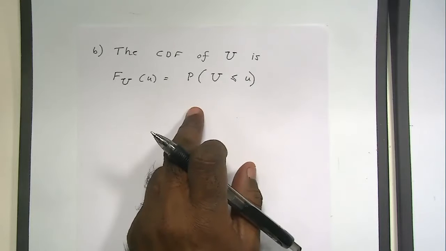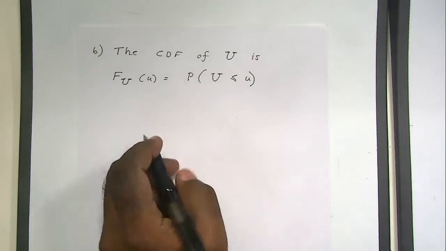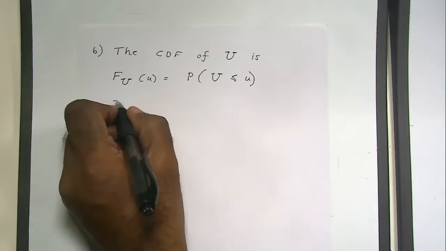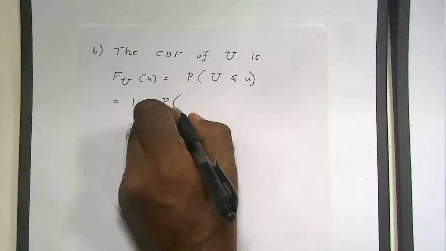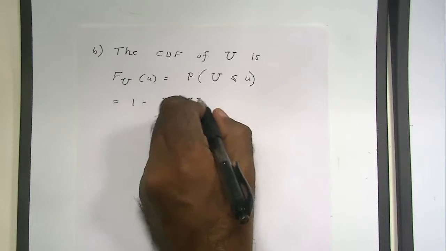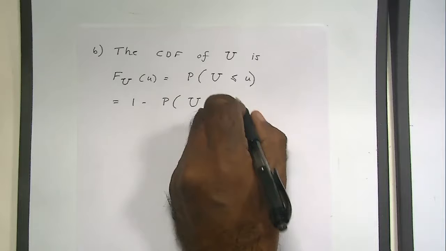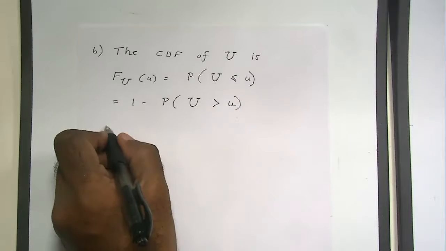It's the minimum portfolio loss, right? Now I'm going to write this, by the complement rule, as 1 minus this.